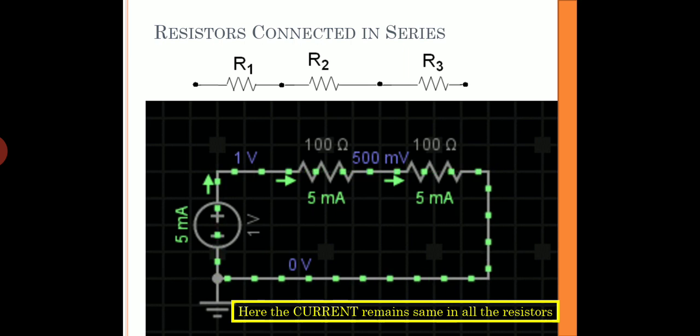Suppose 5 milliamps of current is allowed to pass, and here the current remains the same in the whole path. We have to remember that in a series connection, the current remains the same in all the resistors wherever this current is flowing. Points to remember.